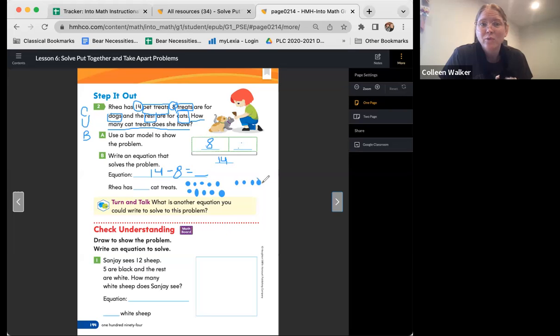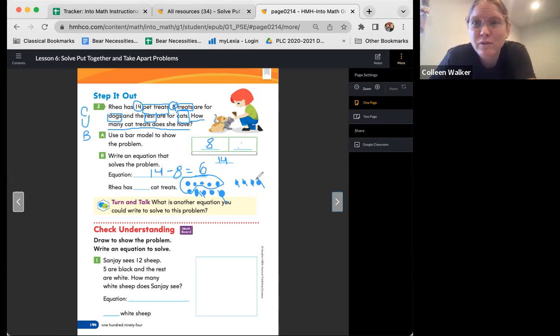Can you count to 8? 1, 2, 3, 4, 5, 6, 7, 8. Let's circle how many we have left. How many? I know that's a row of 5. So 5 and one more is 6. So 14 minus 8 is 6.